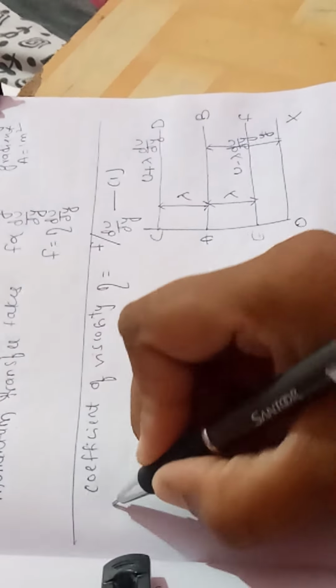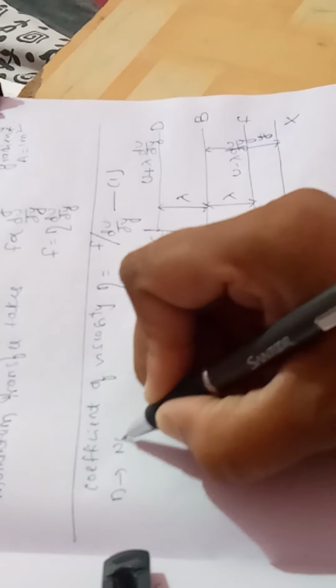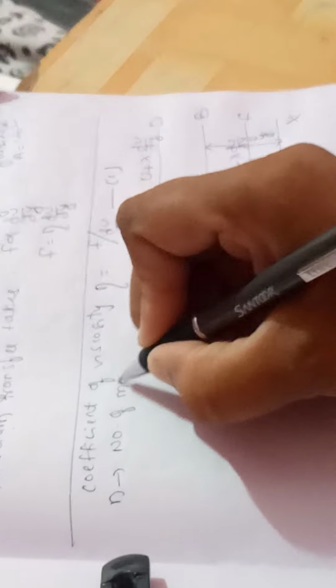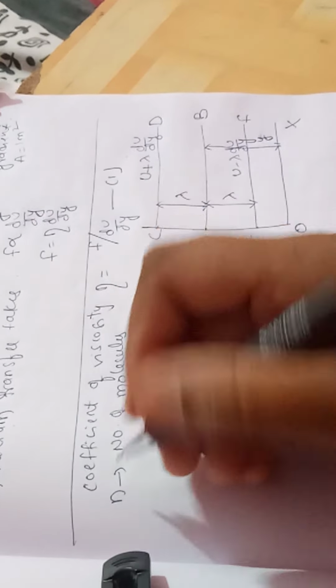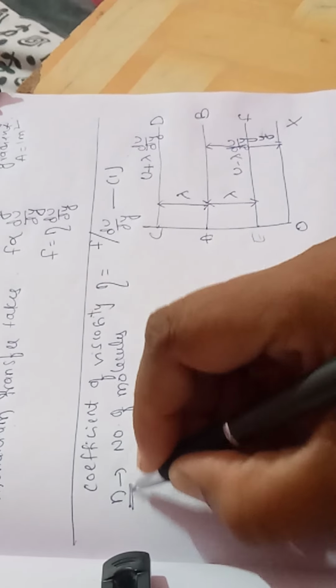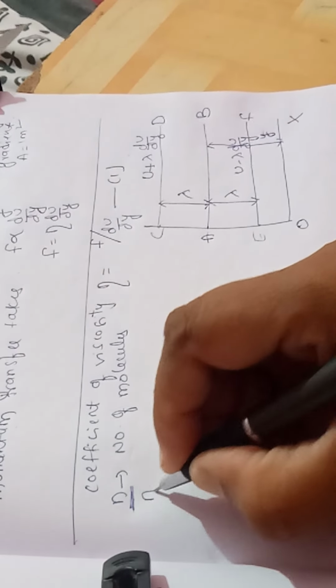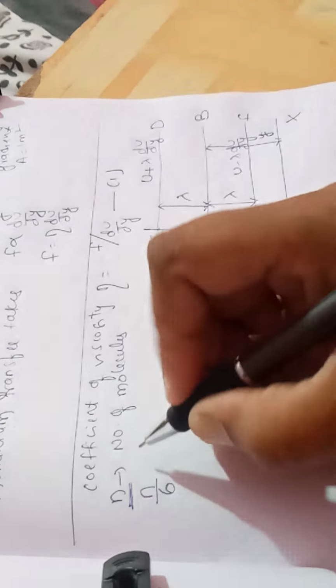Now let n be the number of molecules present in the container. Out of n molecules, let us consider only n by 6 molecules colliding with each other as well as with the walls of the container.